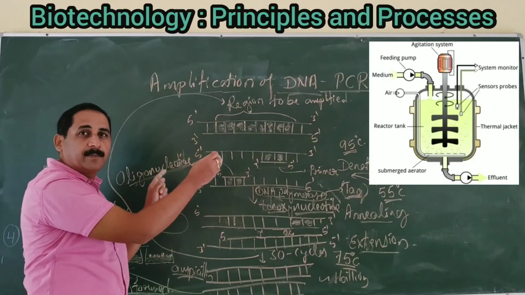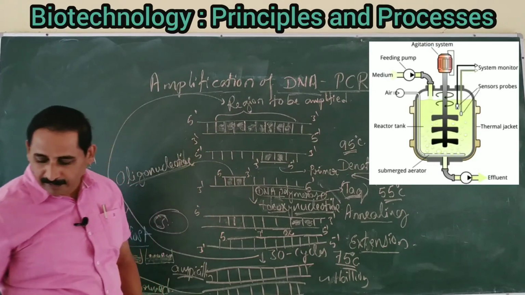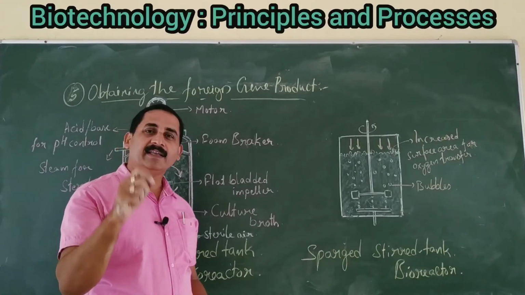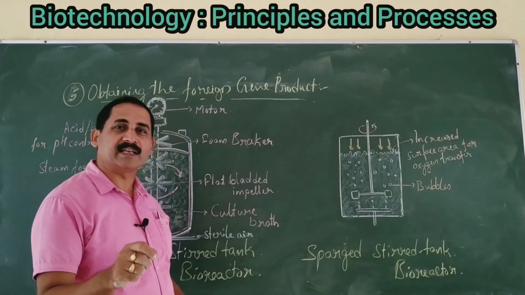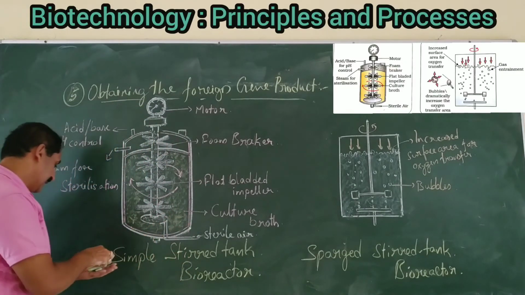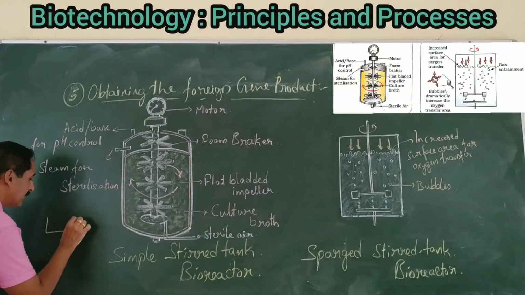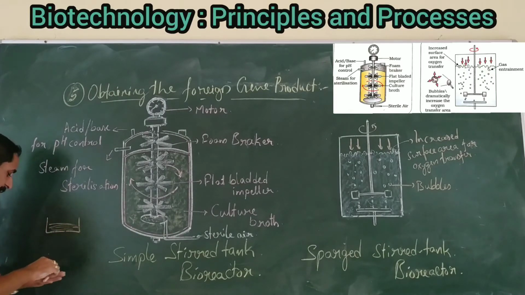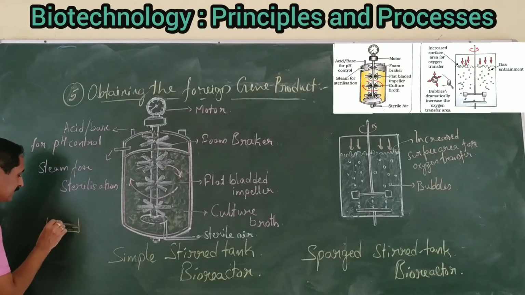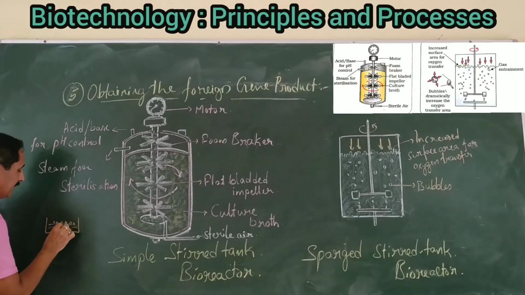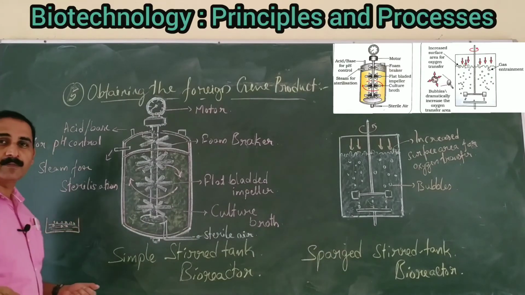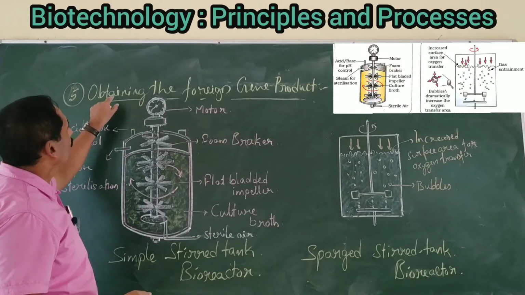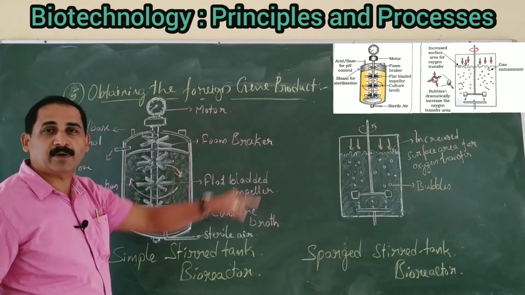So let us discuss the bioreactor or fermenter. The rDNA containing host cell, that is the transformants so formed, is plated in a culture media in the laboratory. You have to grow these transformants in a large quantity, but that is not sufficient. Our intention is to obtain the foreign gene product.